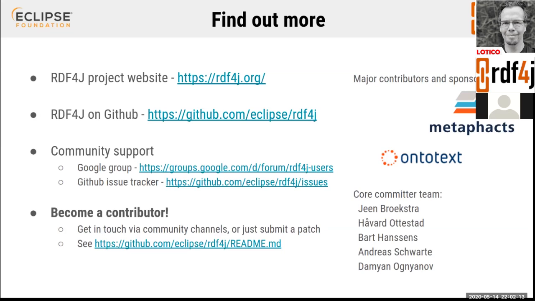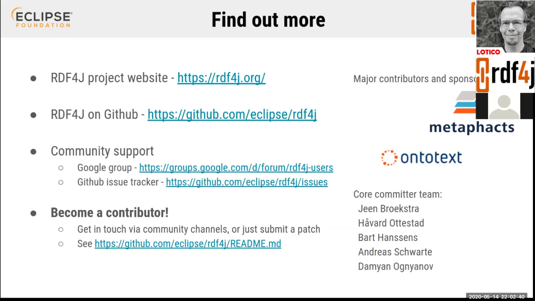And my core committer team, I should thank those people as well, especially Havard, who's been our Shackle wizard in particular, and been doing a load of performance improvements as well. There's Bart Hansens, who does a lot of improvements on things like the console and general usability and keeping the code clean.